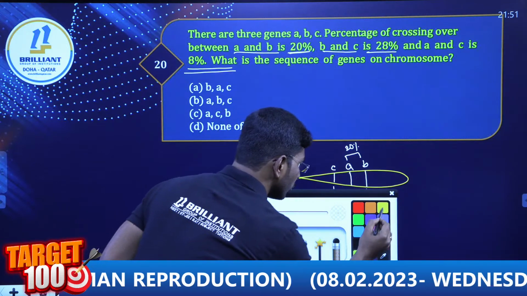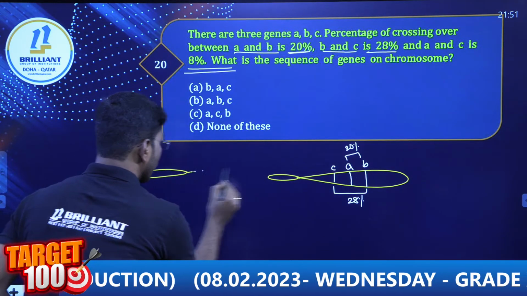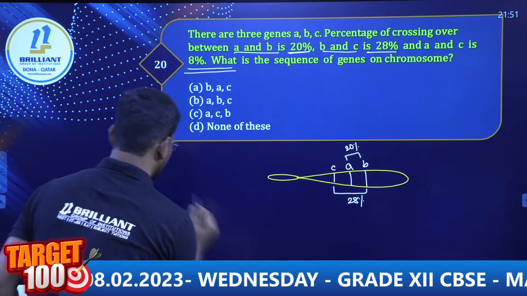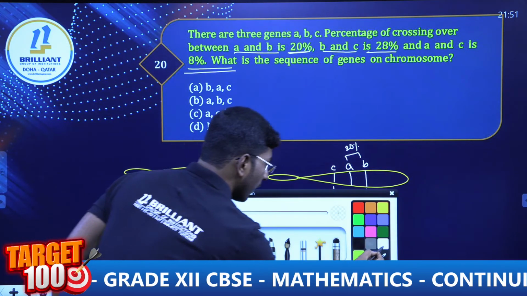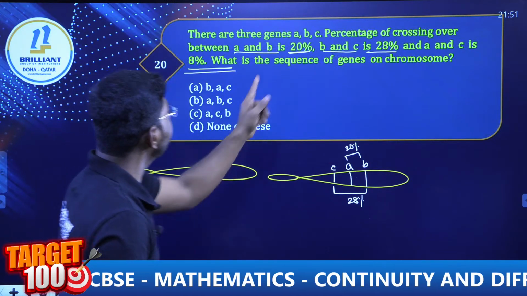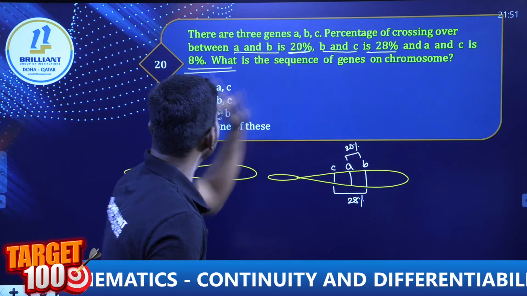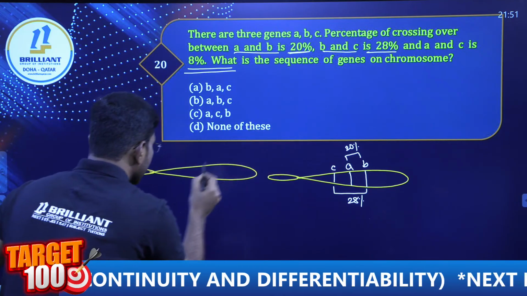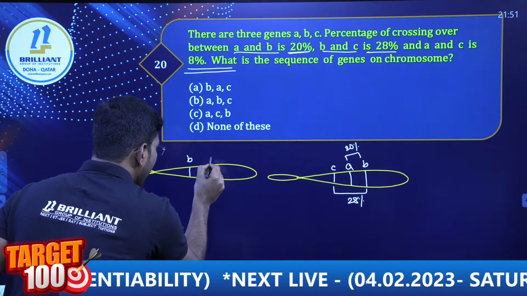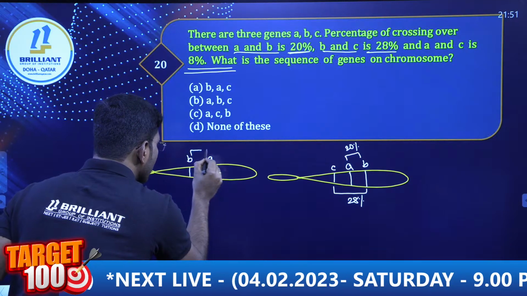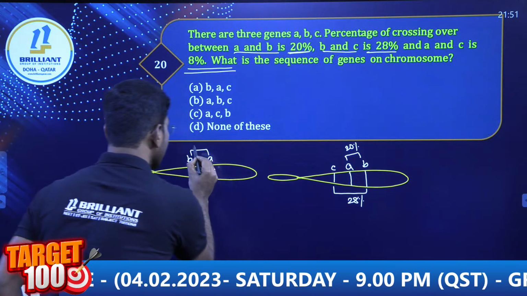If it is a chromosome, let me write here. This is the chromosome. First, tell me, AB 20%. So I can write here this is B and this is A. Between these two, AB 20%.